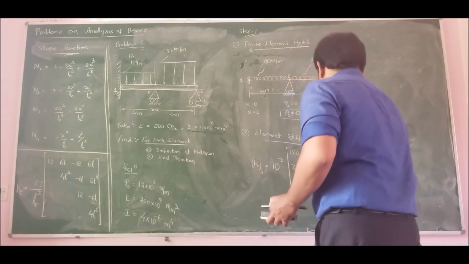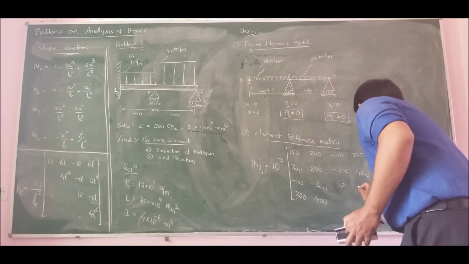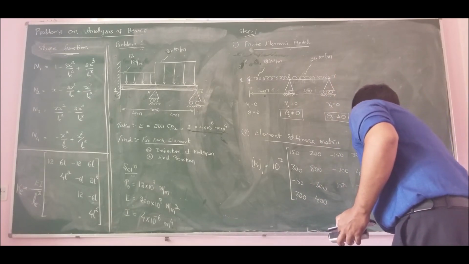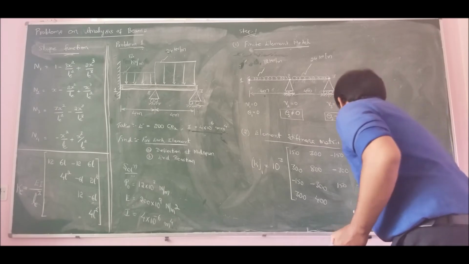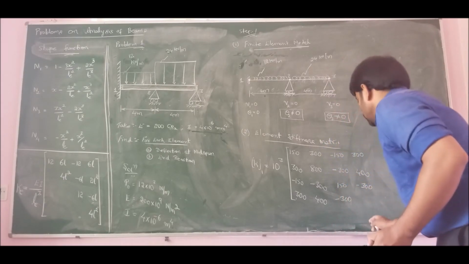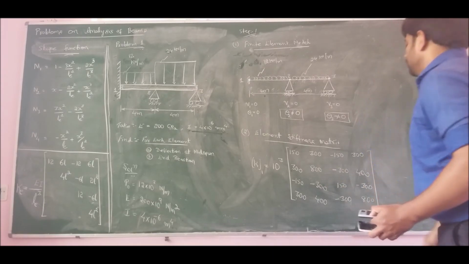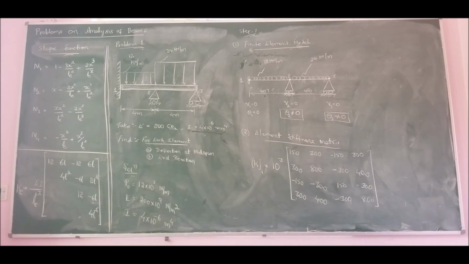And now we have 12 as 150, 6 as 300. It is symmetric. Now 4L square is 800. So this completes the element stiffness matrix for element number 1.